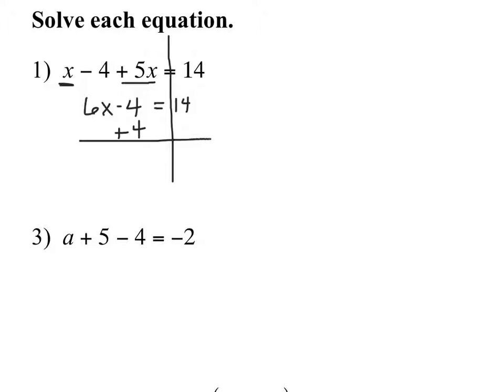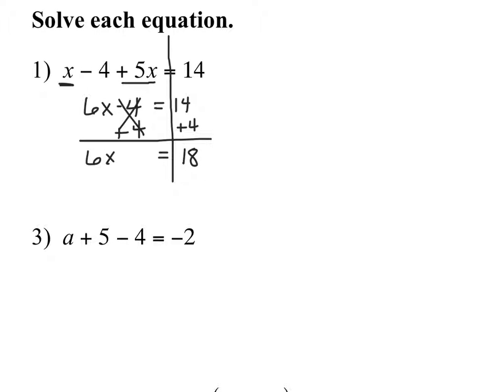But if I do it on the left side of this line that I've drawn, I have to do it on the right side with my like terms. So I have to add 4 over here to the right as well. I got to keep that equation balanced. So my 6x carries down, nothing happened to that. The positive and negative 4 make 0. They're going to cancel out. And 14 and 4 is now 18.